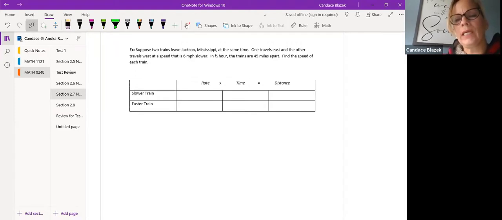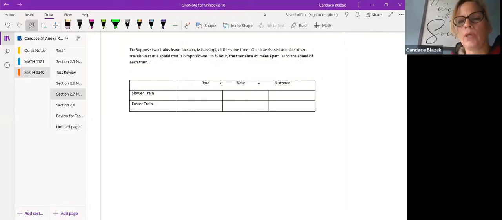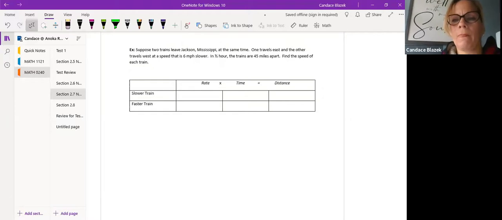One travels east and the other travels west at a speed that is 6 miles per hour slower. In 1/2 hour, the trains are 45 miles apart. Find the speed of each train.